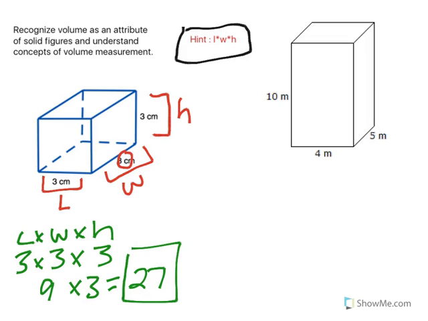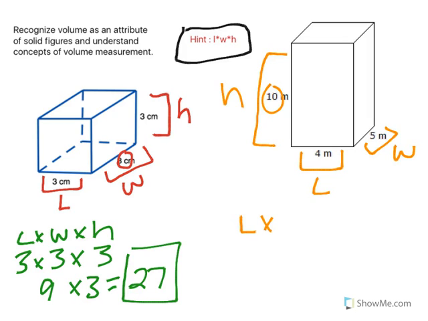Okay, so now on to our next example. We have the length is 4, here's the length, the width is 5, and our new dimension, the height, is 10. So, write out our volume formula, which is length times width times height.